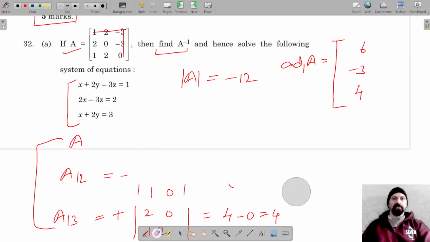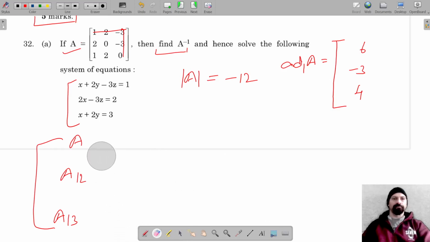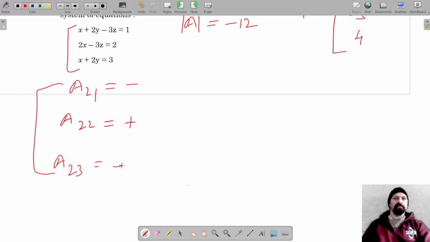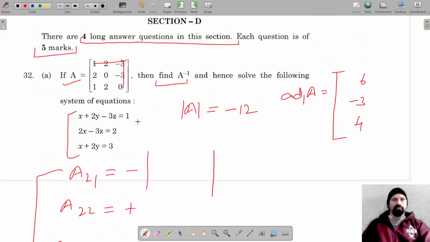Similarly, we can get the cofactors of the second row. For 2 plus 1, which is 3, the sign is negative; the next is positive, and then negative. For the element in the second row and first column, we remove the row and the column, leaving 2, negative 3, 2, and 0.